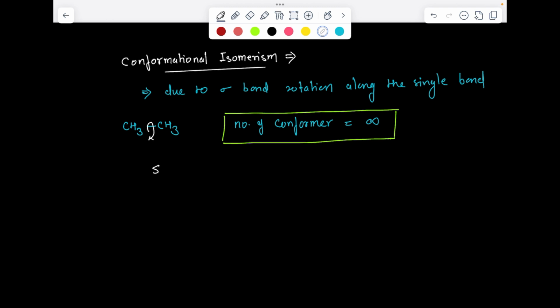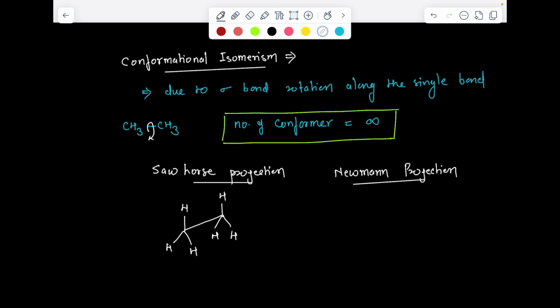First is called the Sawhorse projection, where the ethane looks like this. This is 2 carbon, hydrogen is 1, 2 and 3, and this one has another 3 hydrogen. This is a conformational representation, and we have another representation that is called Newman. Newman projection looks like this: suppose this is number 1 carbon, this is 2.